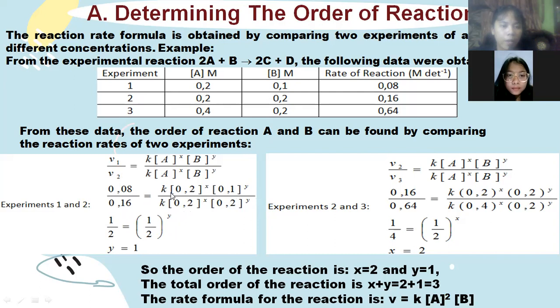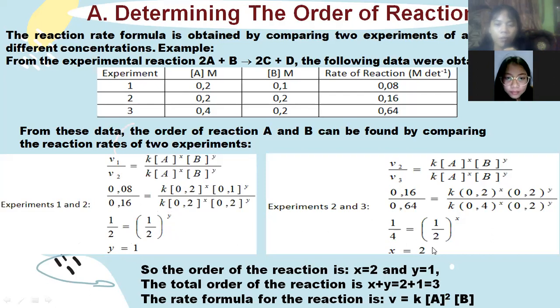Then the K and K are gone, and 0.2 X and 0.2 X are gone too because they are the same, and then we have 0.1 over 0.2 Y degree. So we find that it is 1 over 2 Y degree. From this we can find that Y equals 1. So this is the order for the B concentrations.